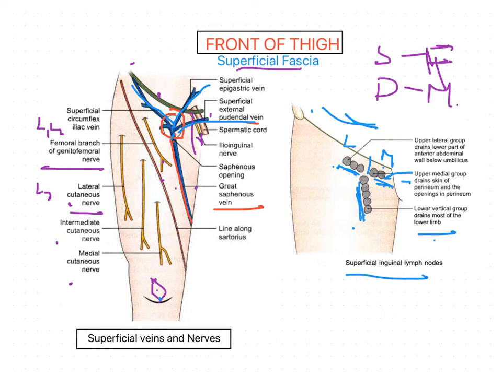If you see the clinical anatomy, here we can see bursitis: prepatellar bursitis is called housemaid's knee, and subcutaneous infrapatellar bursitis is called clergyman's knee. Why is it called housemaid's knee?